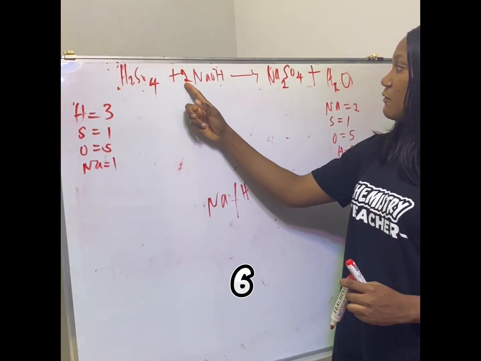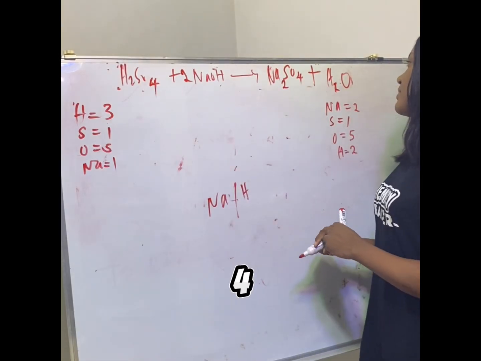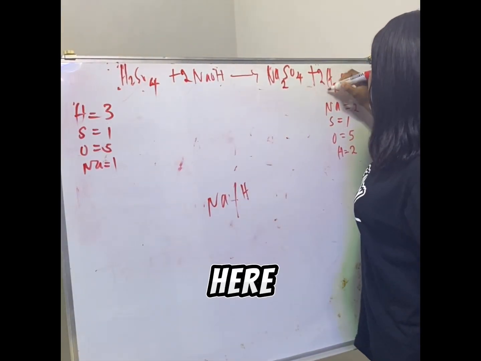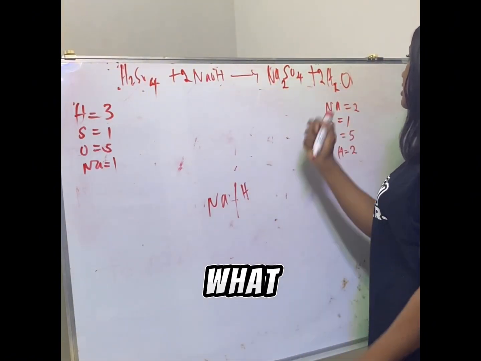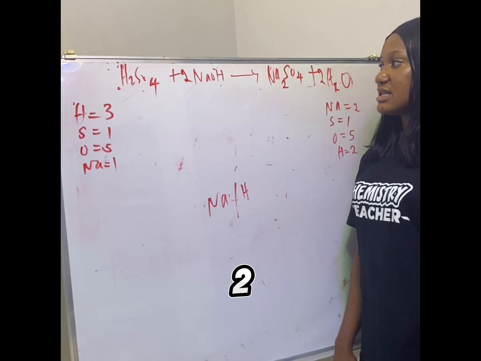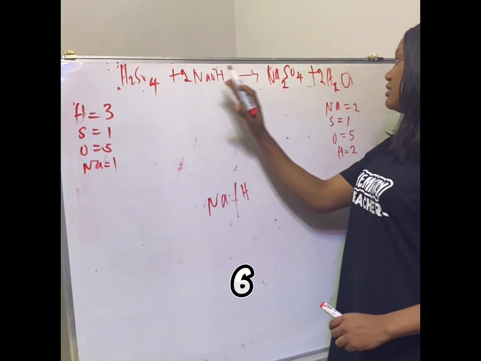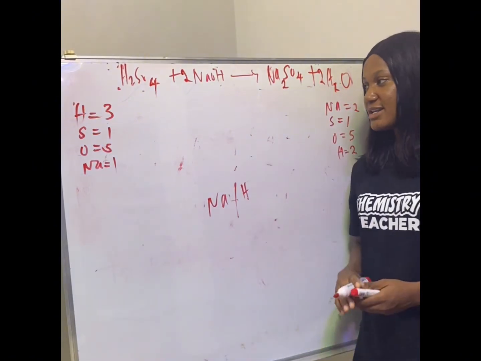And hydrogen, instead of 3, my hydrogen now is 4. So come here, I can actually make hydrogen 4. Look at here. So I just put 2 here, and hydrogen is 4, meaning that hydrogen is now balanced. But is oxygen balanced? 2 plus 4, 6. Now this equation this way is balanced. Hope you get this, right?